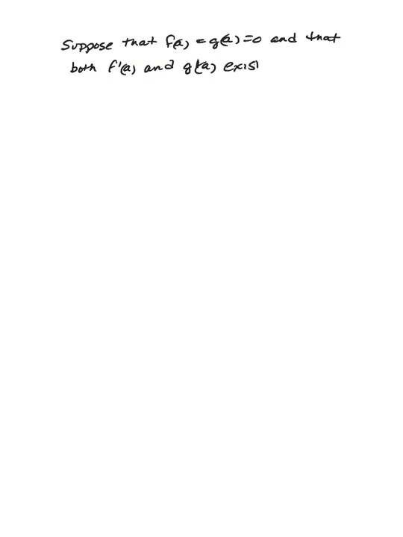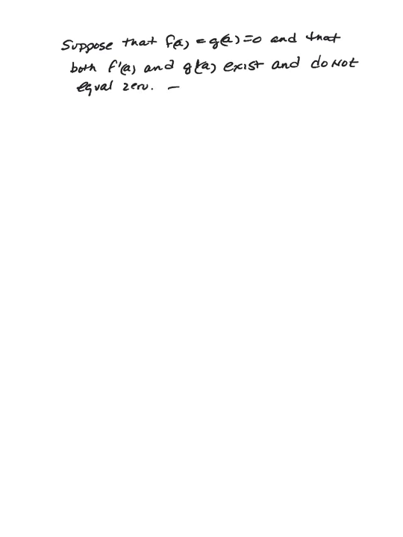So suppose that f of a equals g of a, which equals 0, and that both f prime of a and g prime of a exist and do not equal 0.